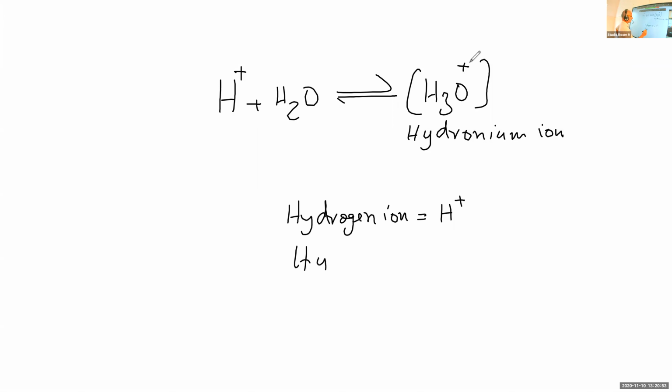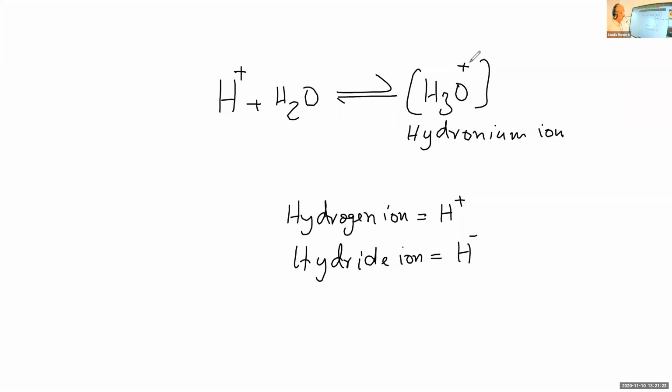Hydride ion, don't have any confusion. Hydride ion is equal to H minus. Hydrogen ion, H plus ion. Here it is hydronium ion. So what is hydronium ion? H3O plus ion.